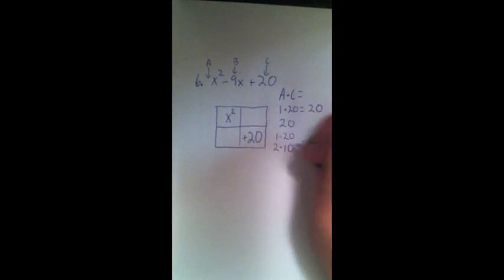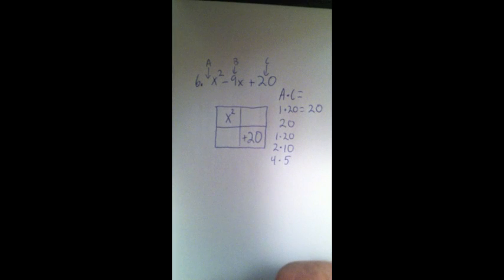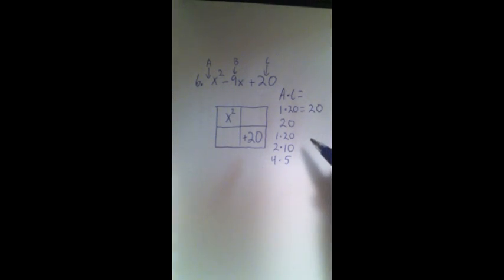But we might as well just find the factors as if they were positive since the factors are going to be the same. So those factors are 1 times 20, 2 times 10, and 4 times 5.